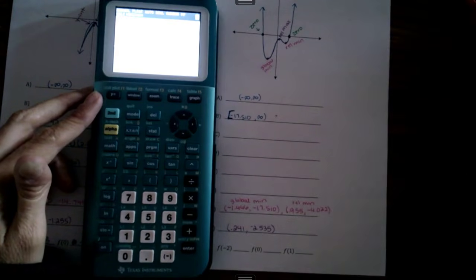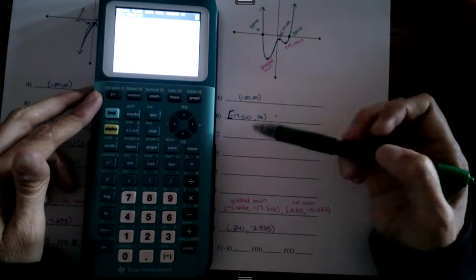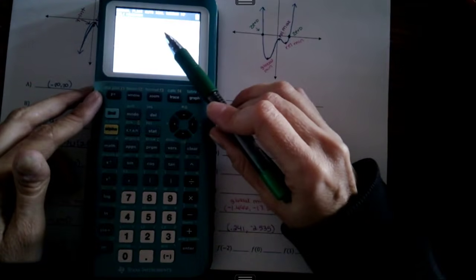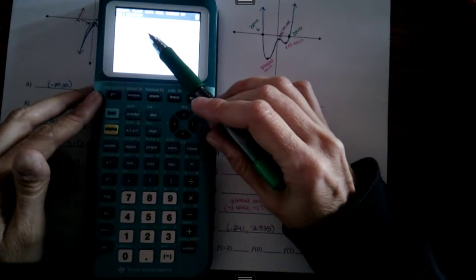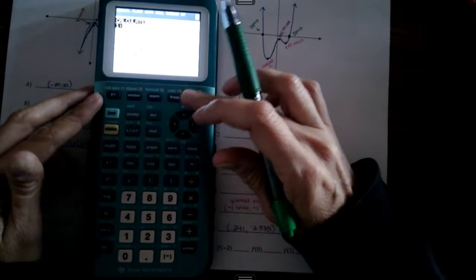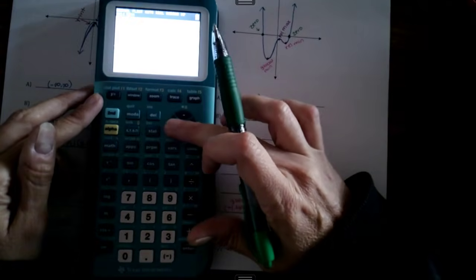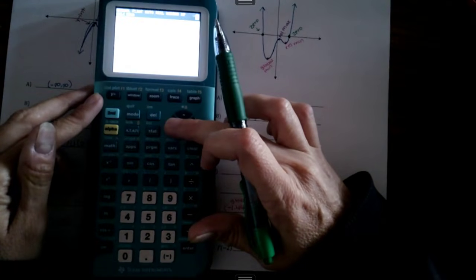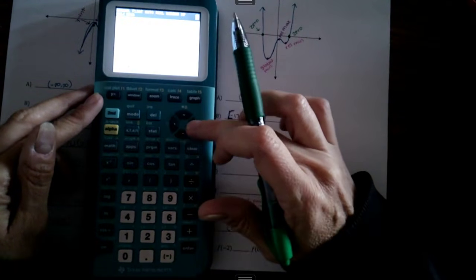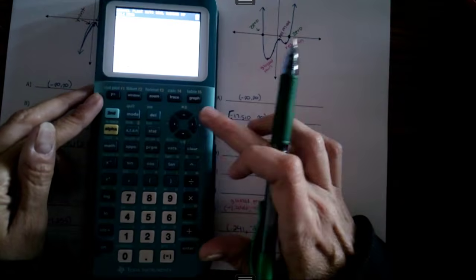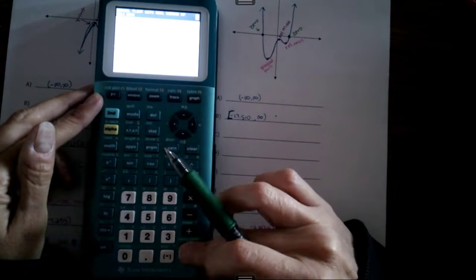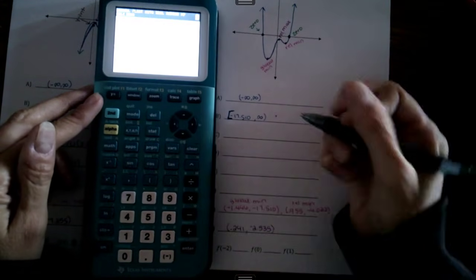All right, so then my zeros, I can calculate those next. This one and this one. So second trace, number 2, zero. Let's go over to the left. We're going to go to the left of the zero, enter. Go to the right of the zero, enter, enter.